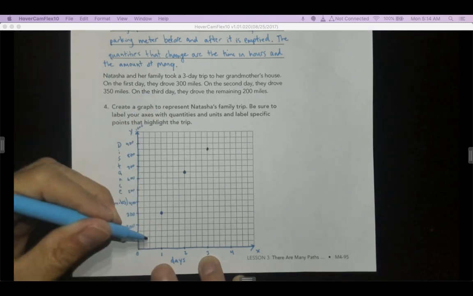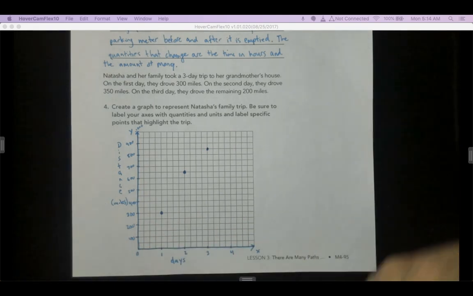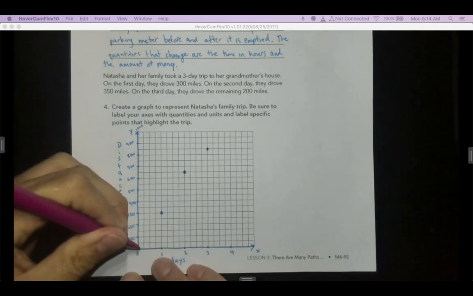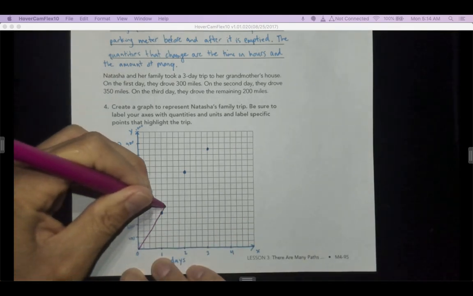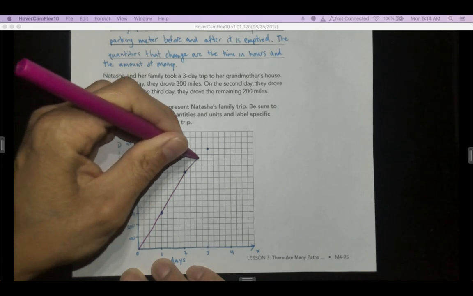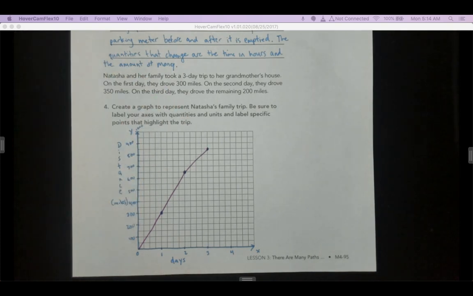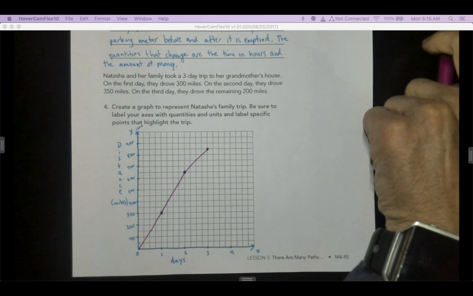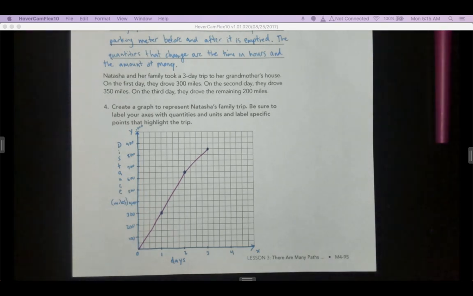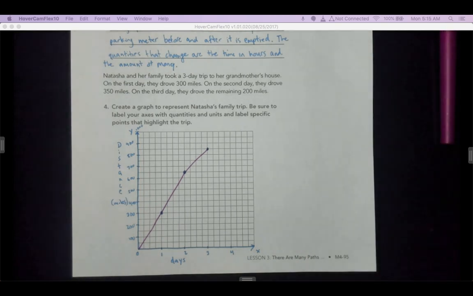And so this graph would look like this. So we're practicing thinking of a situation, thinking about what it would look like on a graph, and then making a graph that goes with that situation.